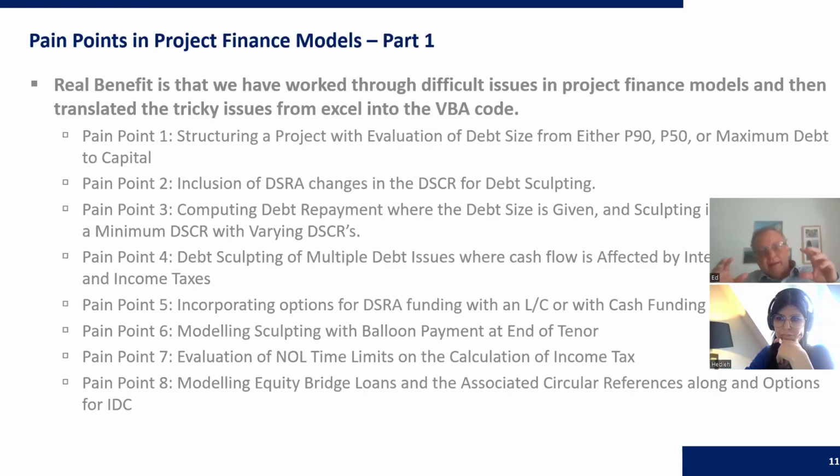And here, what we do is take an issue. Let's say this issue of debt service reserve account changes. You can make a very good argument that those changes in the DSRA should either be included in CFADS, or you can even go further and say those changes should be included in the denominator of the DSCR when you do sculpting.